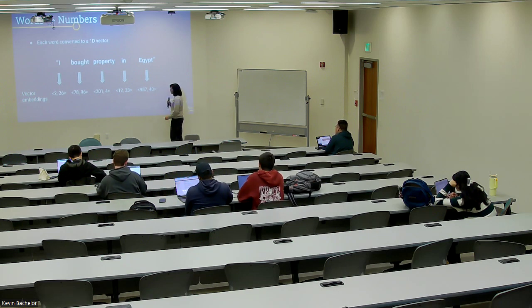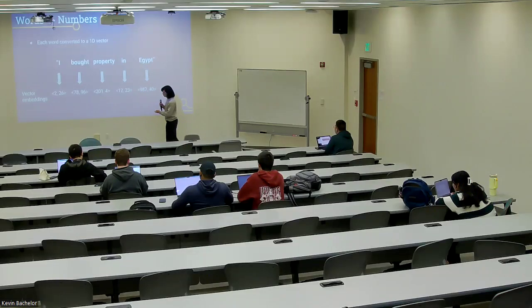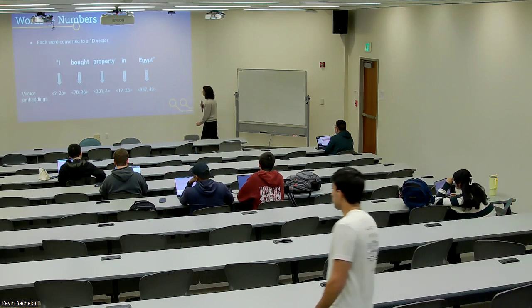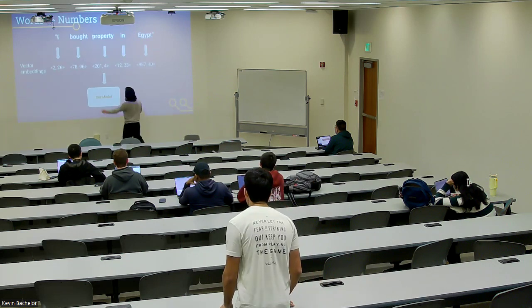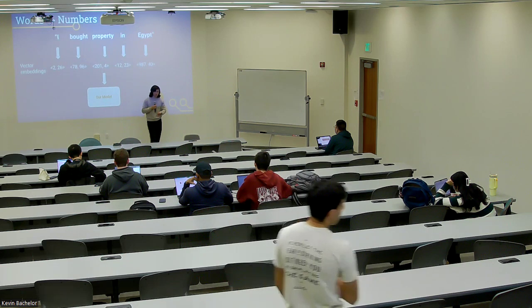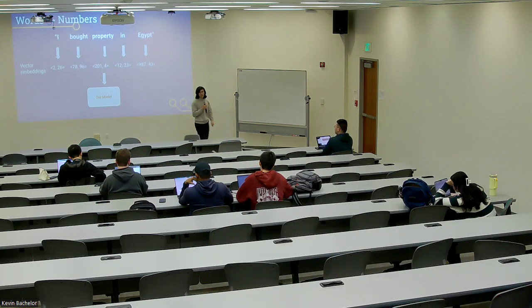So say each word is a vector with 2 entries. These are what we call vector embeddings, and this is how we represent tokens or words to be able to feed them into a transformer model. This can be put in a model because these are numbers that we can do linear algebra on.